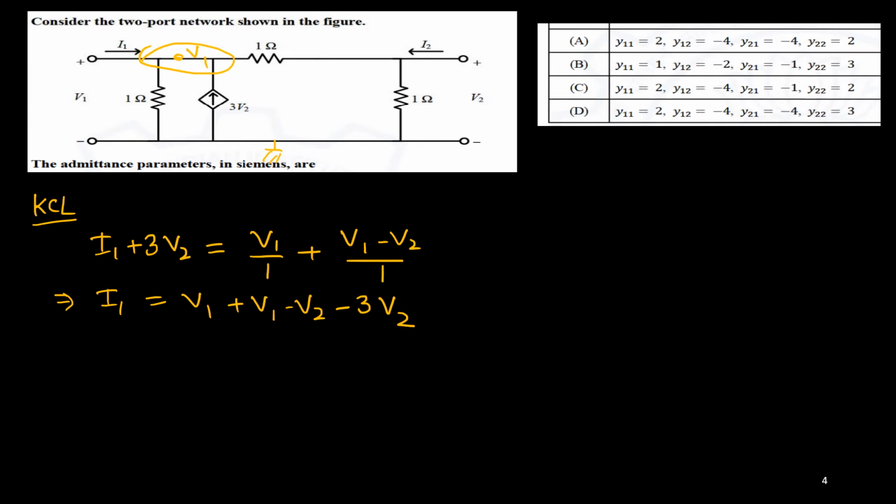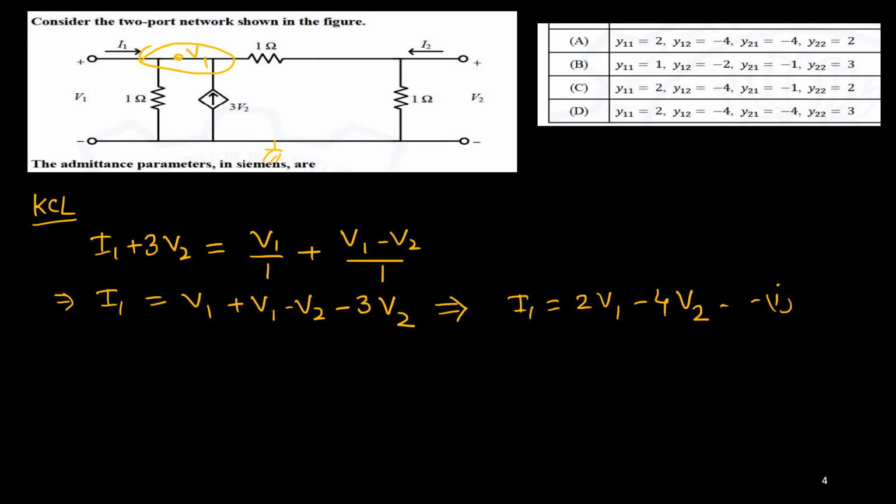Combining all of these, I1 equals 2V1 minus 4V2. That's simple. This is equation number 1. I have got one expression for I1 in terms of V1 and V2.